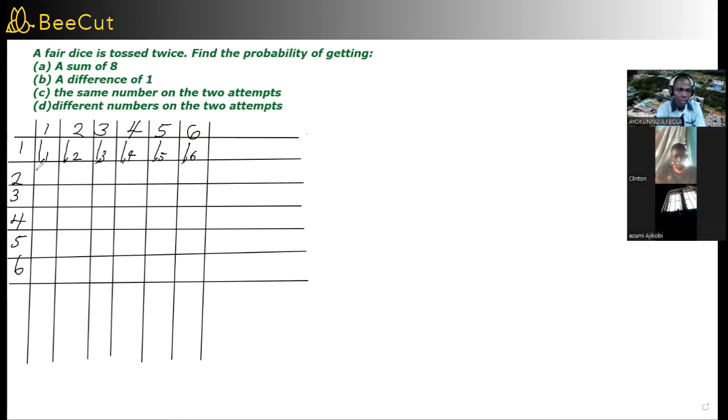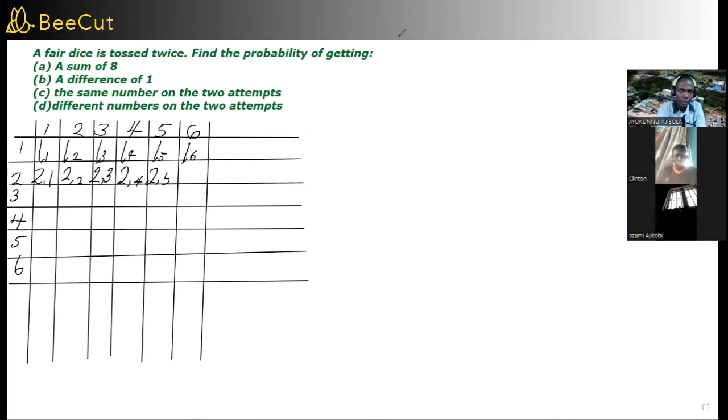Then it's possible that the first attempt is 2, while the second attempt is 1. First attempt is 2, second attempt is also 2. First attempt is 2, then second attempt is 3. First attempt is 2, then second is 4. And continue like that to have 2, 5.